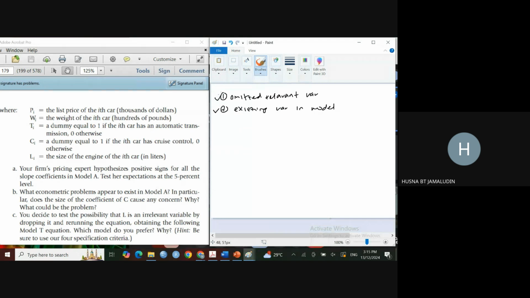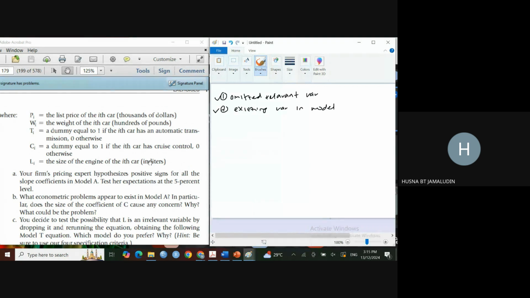How about omitted relevant variables? Do you think the factors affecting the price of the car are only the weight, the dummy where the car is automatic, the car has cruise control, and the size? Is that all?